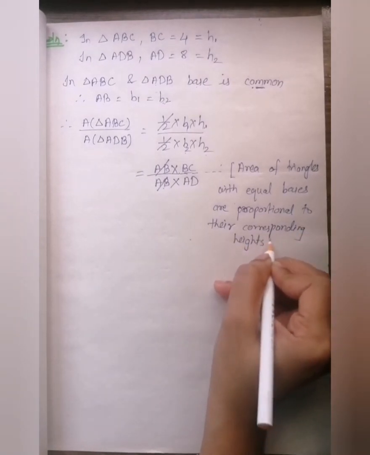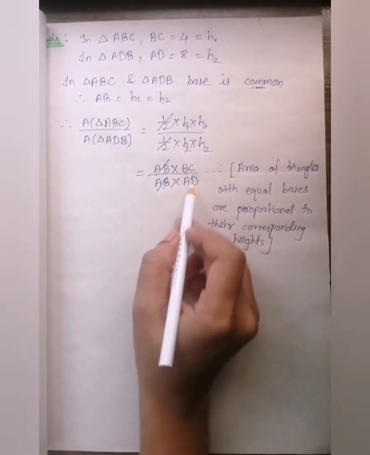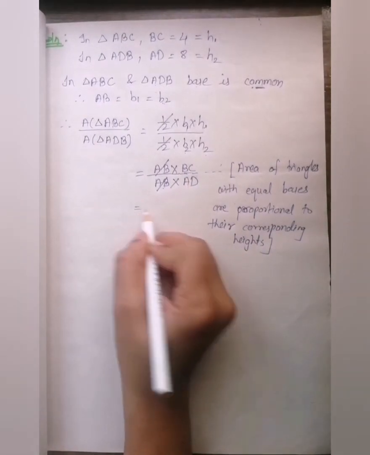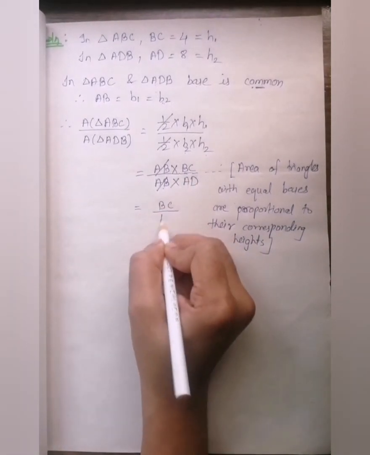Clear, students? So this is the corresponding height. So BC upon AD, we get this one, BC upon AD.